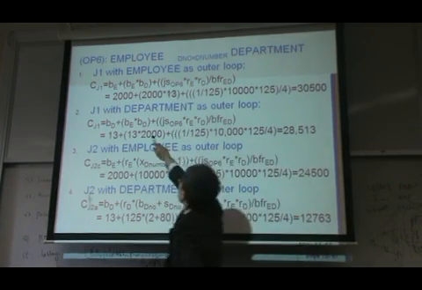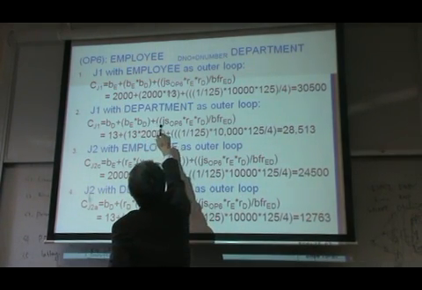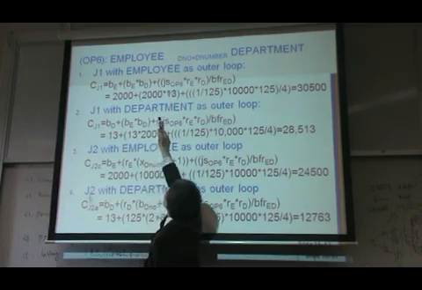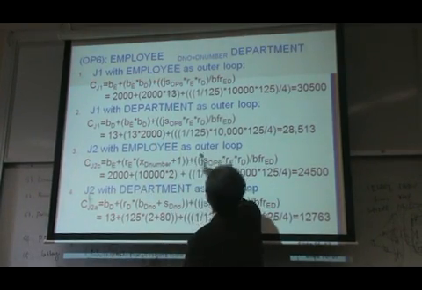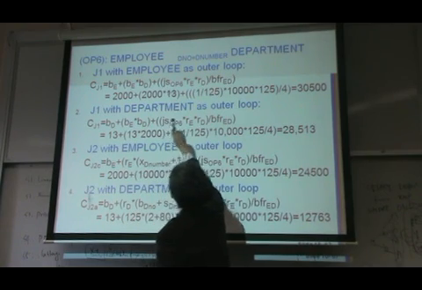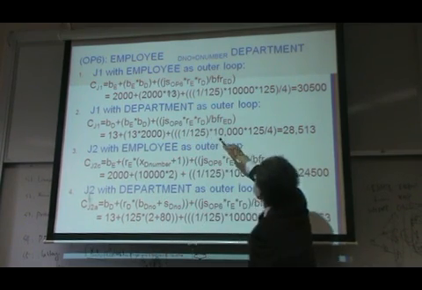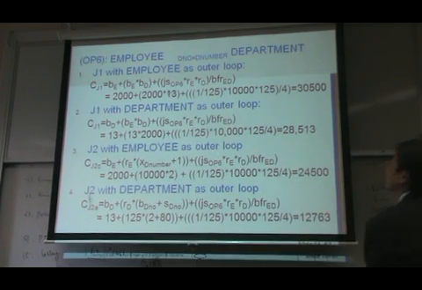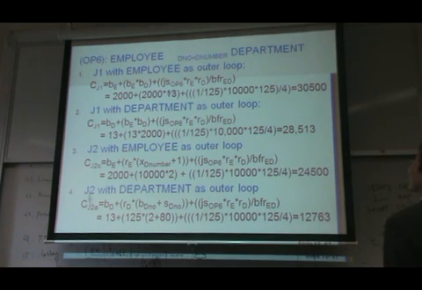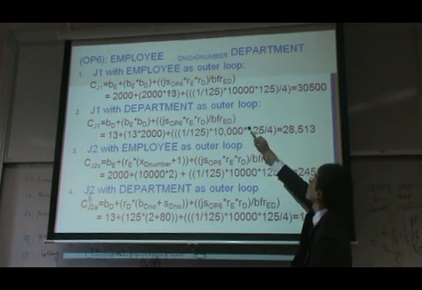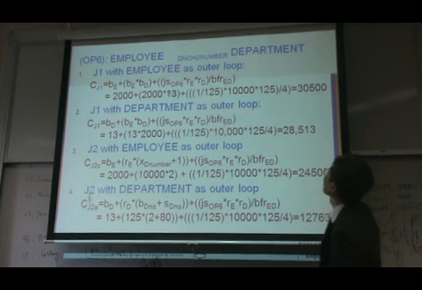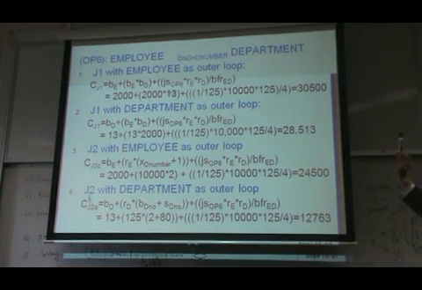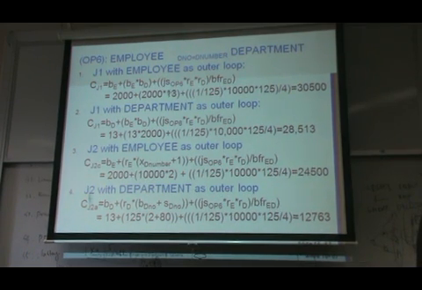For example, for employee we have 2,000 blocks, times the 13 blocks of department, plus the join selectivity 1 over 125 times the number of employees times the number of departments, divided by 4, the blocking factor for the join buffer.